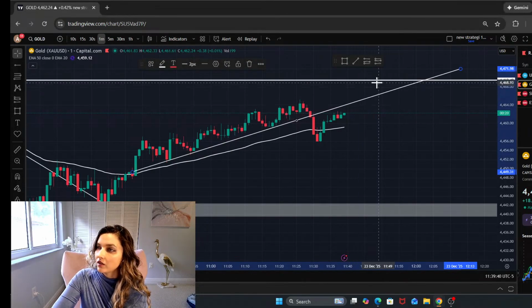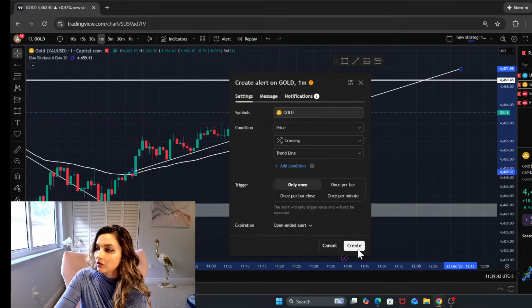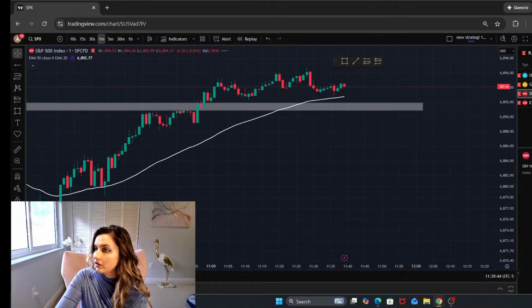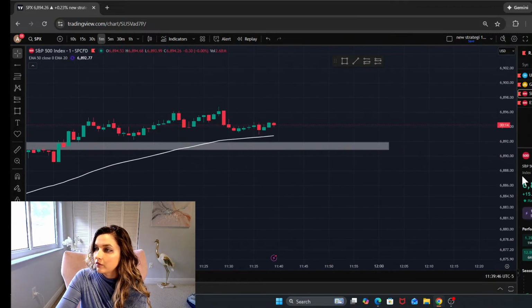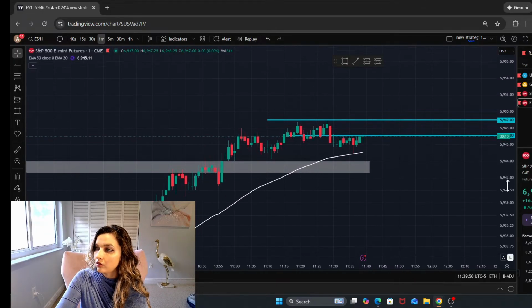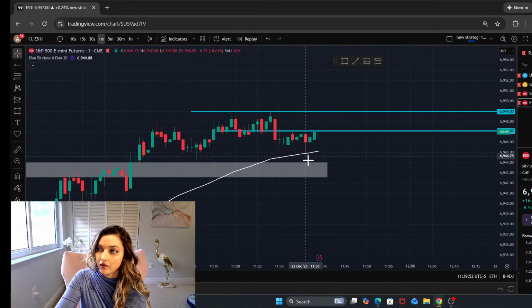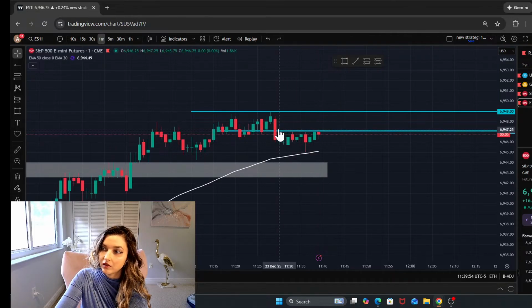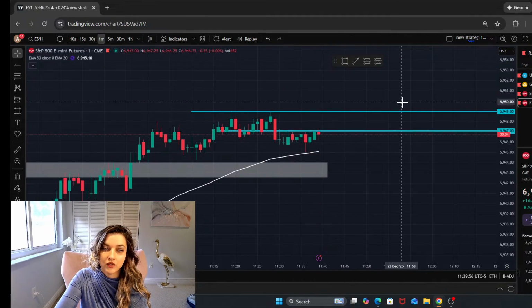An alarm here on the gold, when it gets there. Papa Giorgio, what happened with the S&P? Here we go. It looks like it kind of retested the EMA, but did you close it?